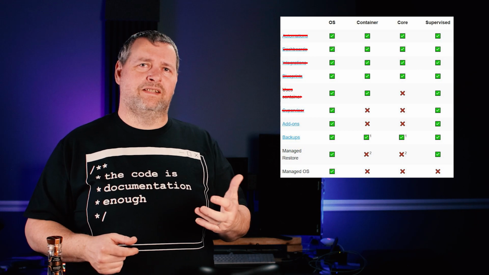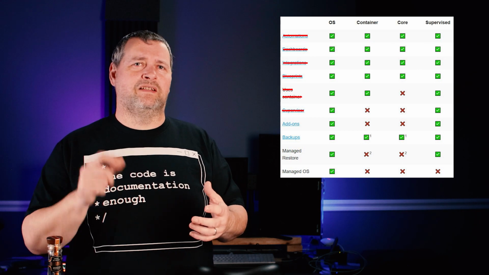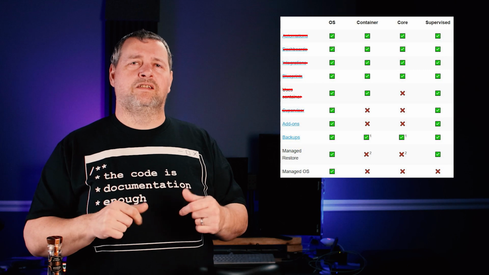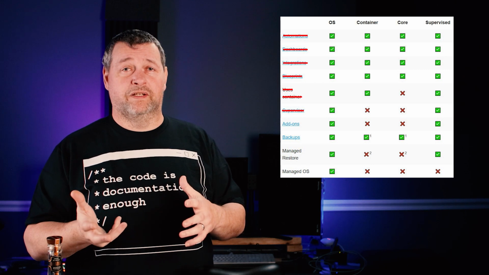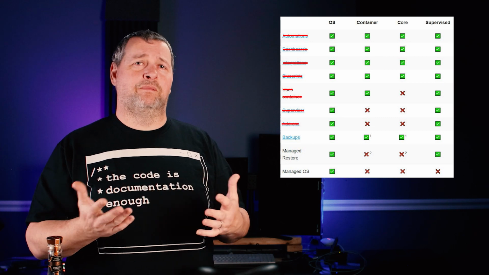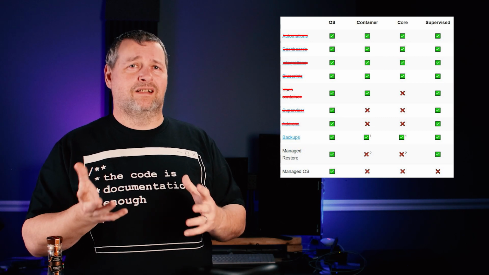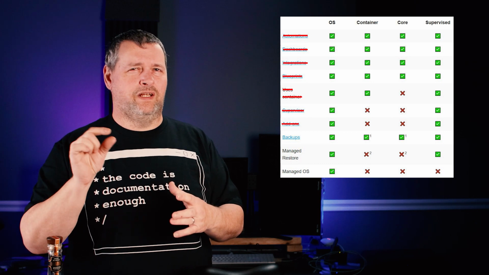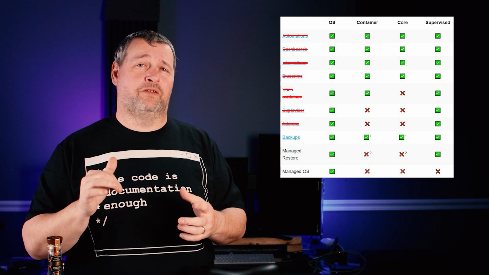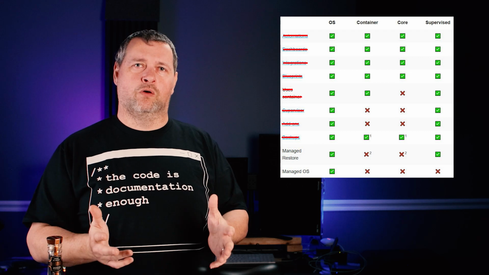The benefit of this is that the container version of HA is meant to be very lightweight and fast, so keeping add-ons out of it helps to maintain that level of performance. Backups can be done with any deployment method, though there are some technical and operational differences between the different methods, but that's a little too deep in the weeds for the time that we have available here in this video. Managed restore.